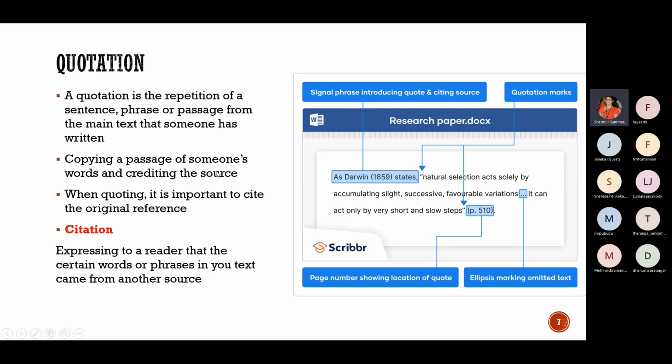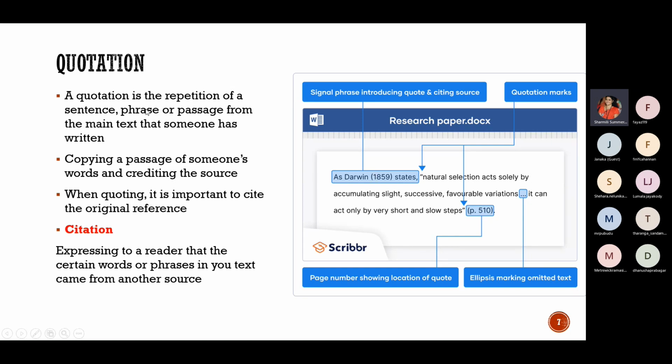We call that a citation, expressing to the reader that certain words or phrases in your text were taken from a particular article. This is also helpful for the reader, who can search and explore more and more articles. This is regarding the quotation.